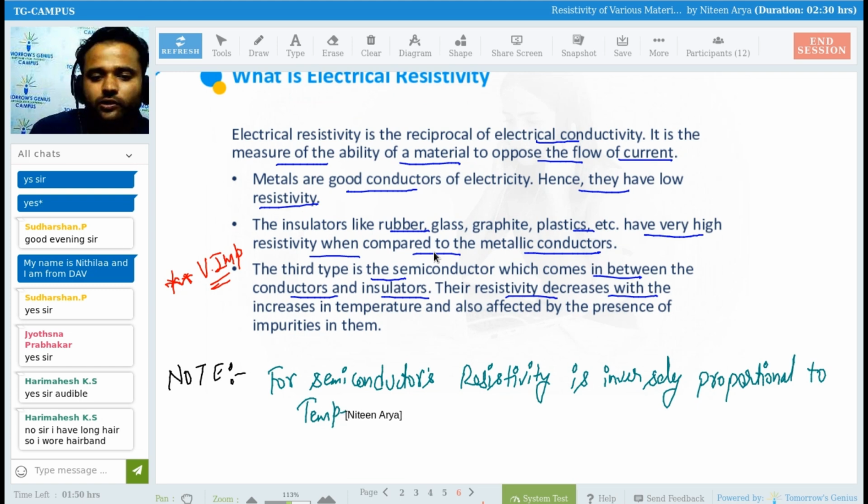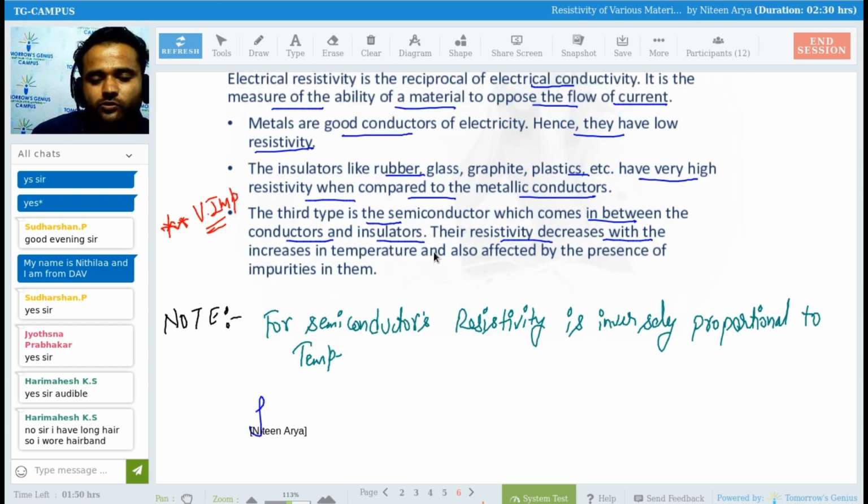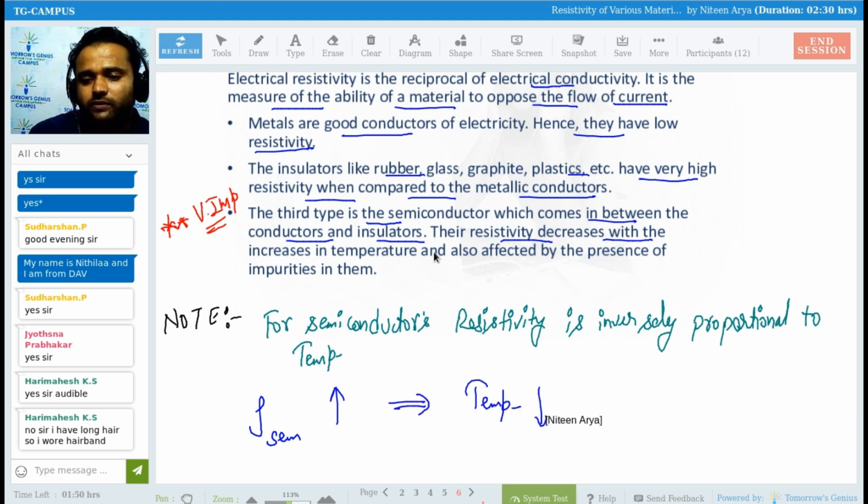In the previous class I told you the arrow meaning. Suppose this is the resistivity of a semiconductor. It is going to increase when temperature is going to decrease, or vice versa. It is going to decrease if temperature is going to increase.